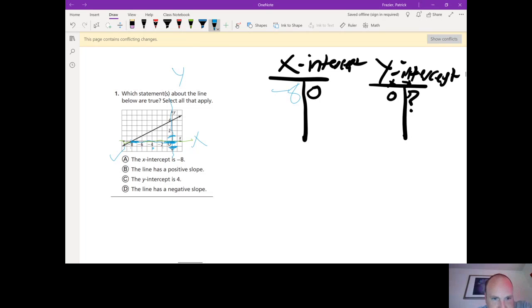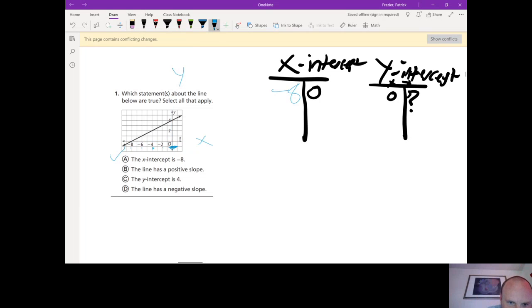So B, as in Bravo, says the line has positive slope. I'm going to skip that one for a minute. Now C, as in Charlie, the y-intercept is 4. So remember, when x is 0, what is y?